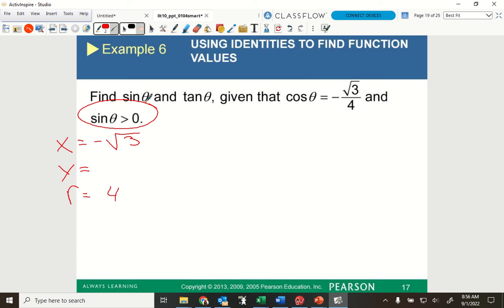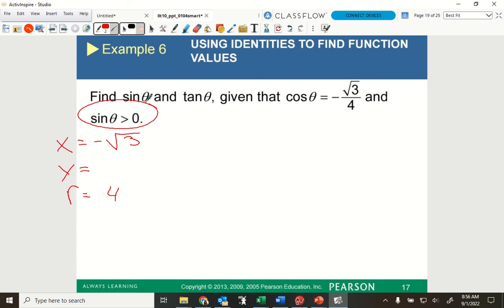So sine has to be positive, right? But sine represents what two numbers? It's y over r. And what do we know about r? R is always positive. So now, for sine to be positive, what do you know about the y?